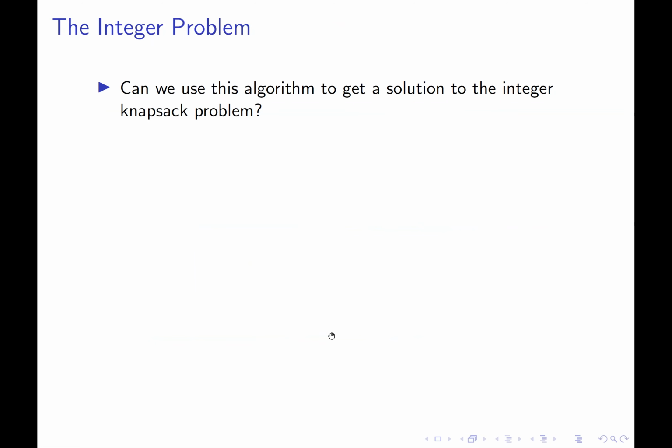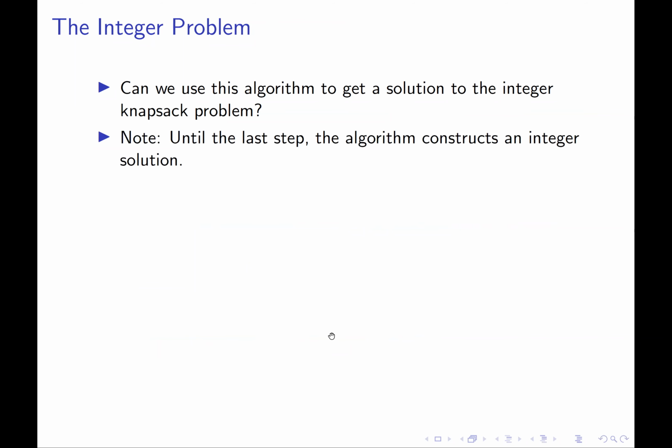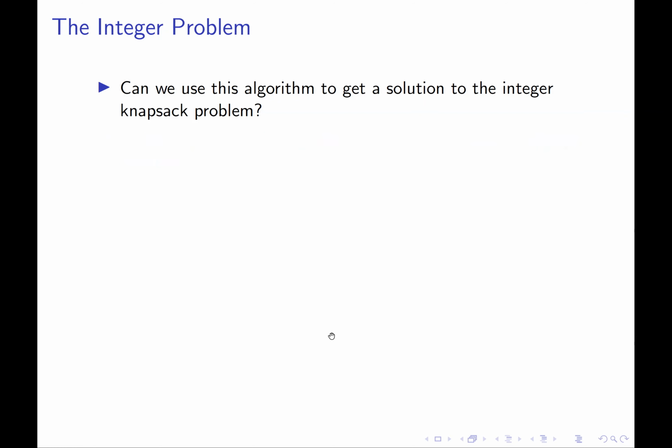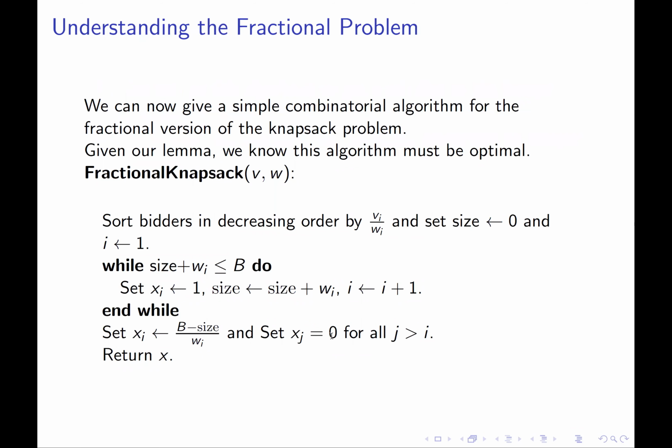And so now we have an algorithm for the fractional knapsack problem. And the question is, can we use it to get a solution to the integer knapsack problem? And one observation is that this algorithm almost constructs an integer solution, right? Like, while it's going through this while loop, it's coming up with an integer solution.